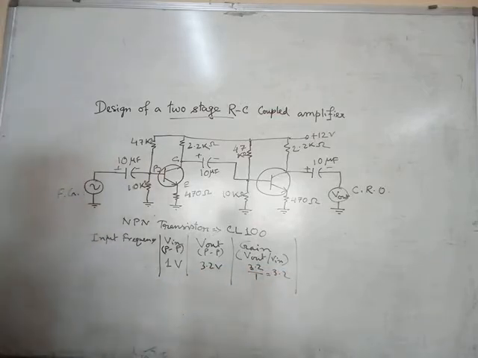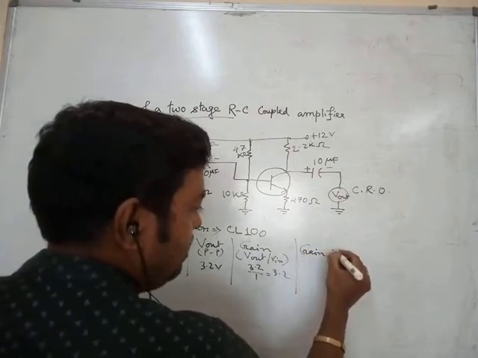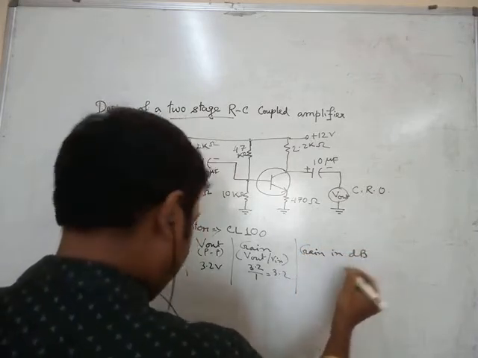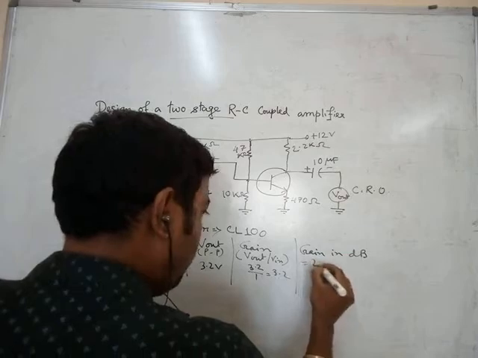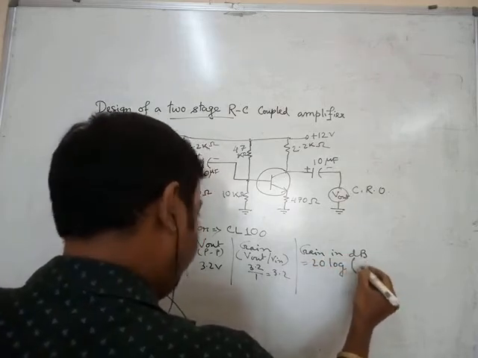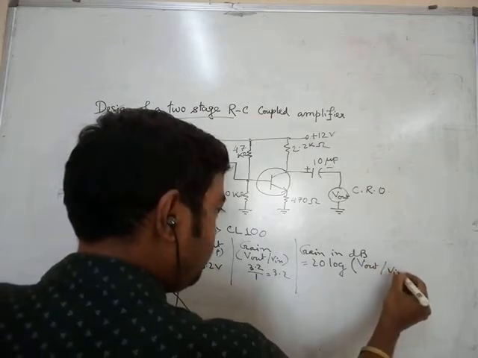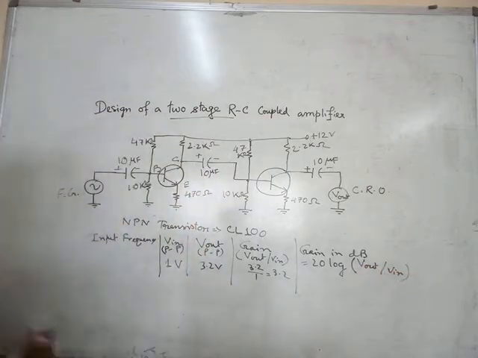So if you take the value of V in 1 volt, the calculation will be very easy. Next, gain in dB equals 20 log V out by V in. So it is a table.